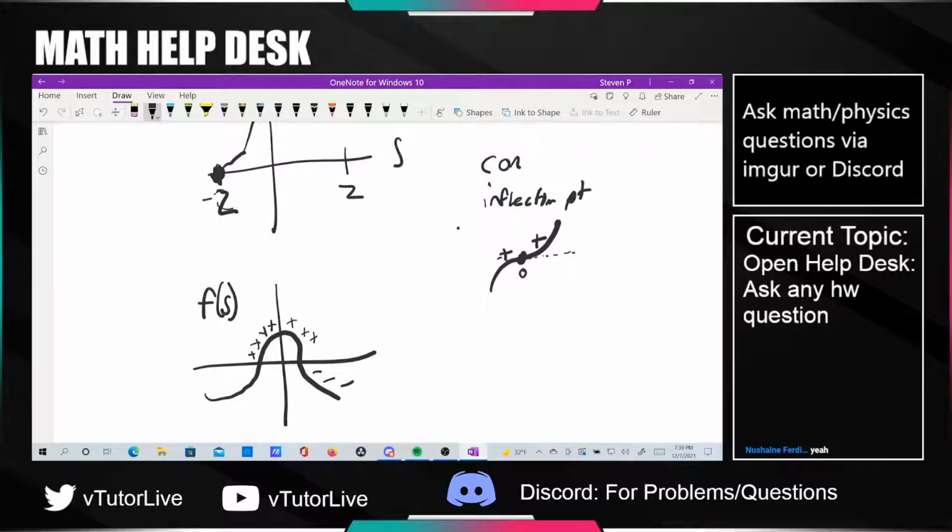I guess there is question 6, and it's talking about continuity playing an important role in a definition. But I don't have that definition. Does anyone care? What is that definition?